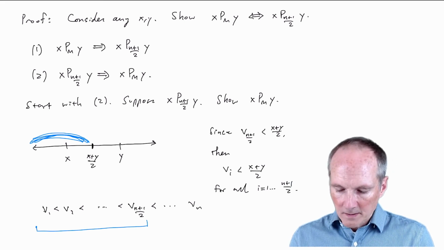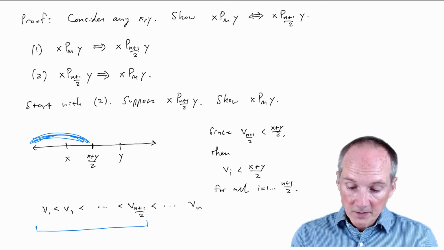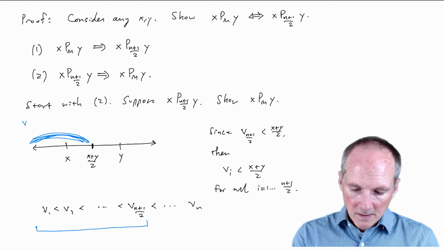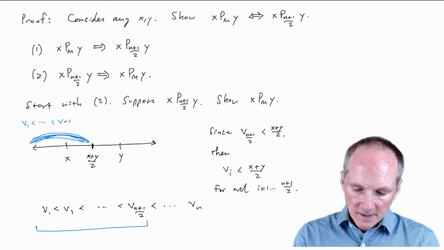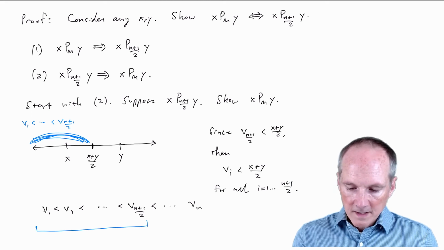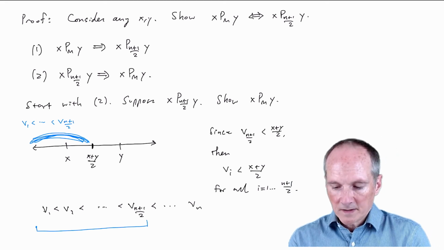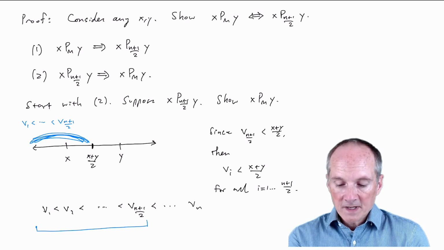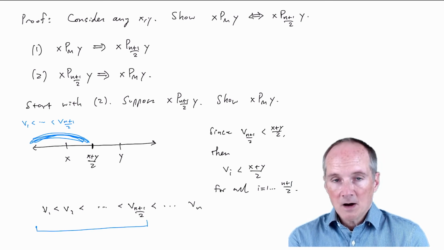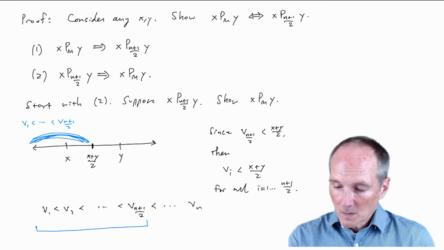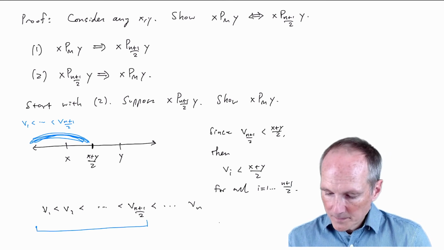All right, but that means that if I were going to put those voters over here, they would all be to the left of that midpoint, which means their ideal points are all closer to X than they are to Y, which means they all prefer X to Y. Right?